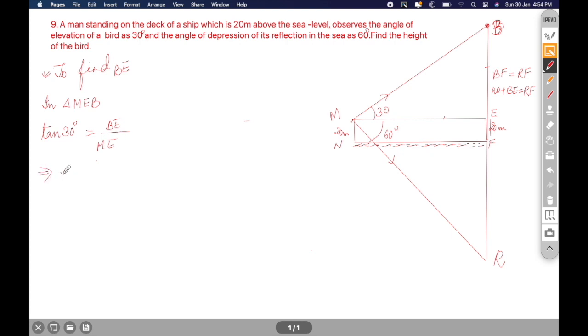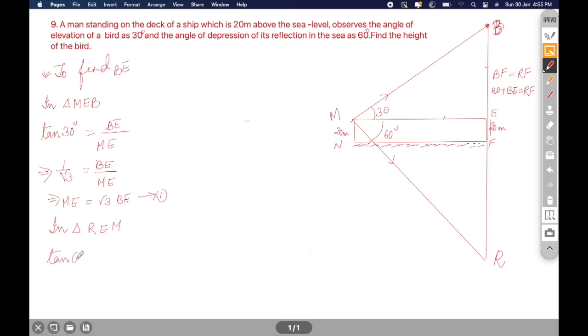So this gives 1 by root 3 equals BE by ME. So ME can be written as root 3 BE. This is equation 1.